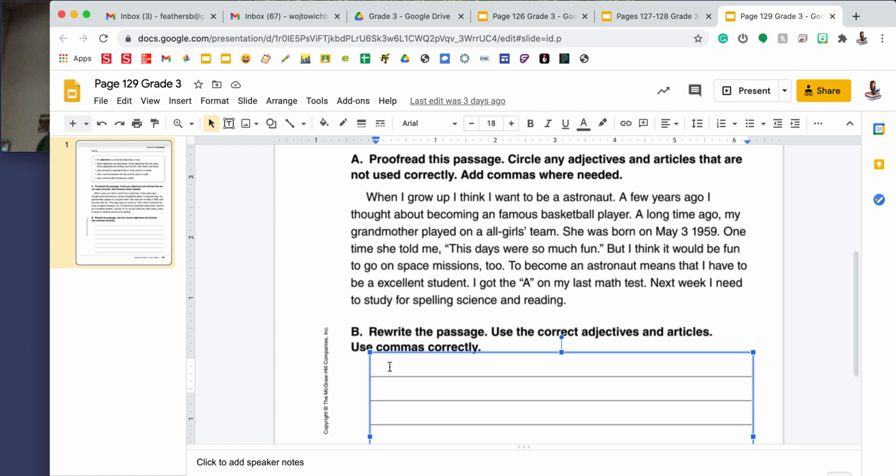The first sentence says, when I grow up, I think I want to be an astronaut. I notice there's a mistake with the word a. It should be the word an, because astronaut starts with a vowel.